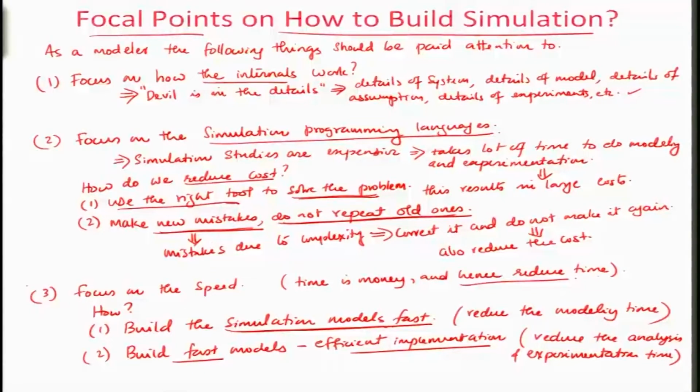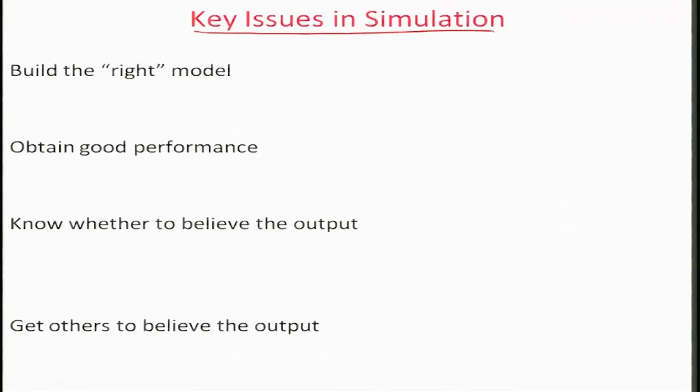So, these three focal points: focus on how the internals work, focus on which programming language or tool to use, and focus on speed. These should be paid attention to by the modeler to realize a very good simulation study. Okay. With that, we will now get into what we call the key issues in simulation.